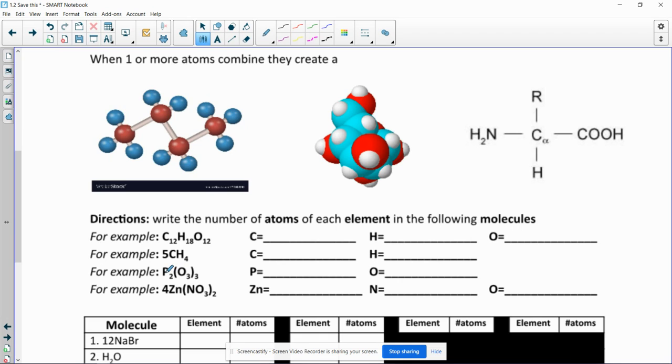So that means there's 3 of the O3s. There's not 3 of the P2s. There's just 3 of the O3s. So phosphorus, there's 2. And there's 3 O3s. So 3 times 3 would be 9 oxygen.